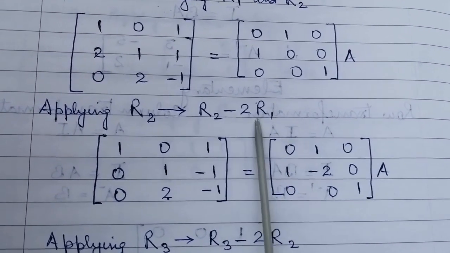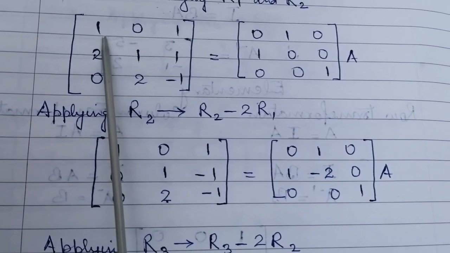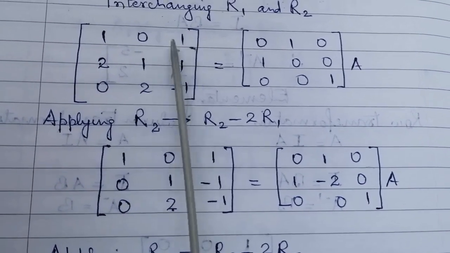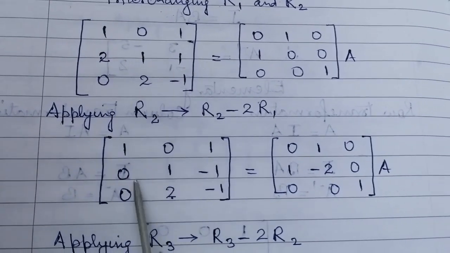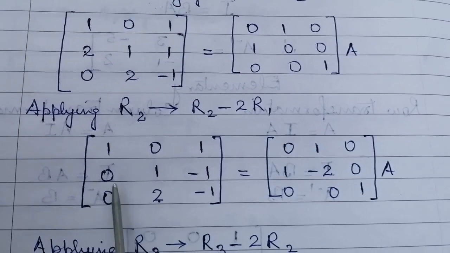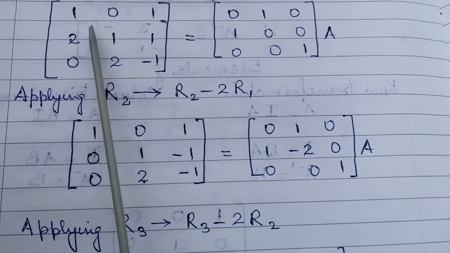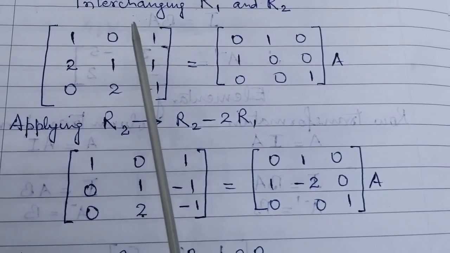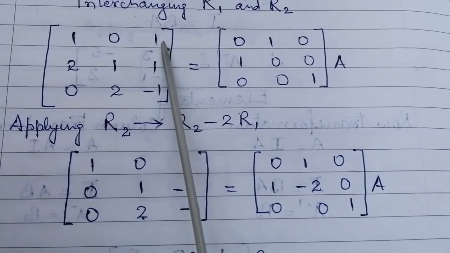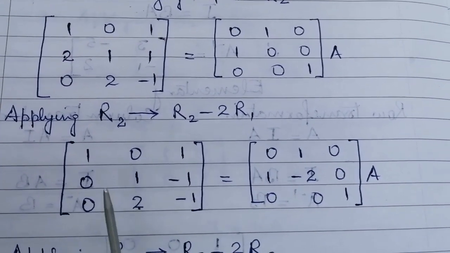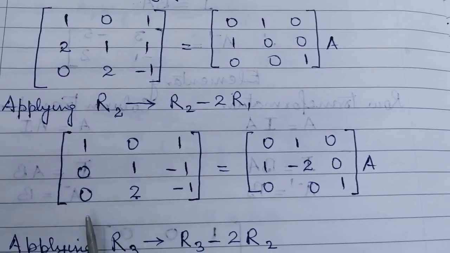The first row has 1, so R2 minus 2R1: 2 minus 2 will be 0, 1 minus 0 into 2 will be 1 only, and 1 minus 2 into 1, that is 1 minus 2, will be minus 1. So on the second row we have got 0, 1, minus 1, right?